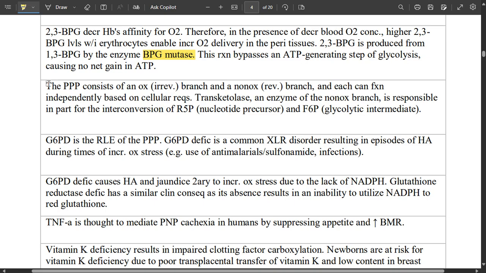Now the PPP, that is the pentose phosphate pathway. The PPP consists of an oxidative branch, which is irreversible, and a non-oxidative branch, which is reversible. Hexose monophosphate shunt, or pentose phosphate pathway: pentose means pentose sugar, R5P, and hexose means fructose 6 phosphate.